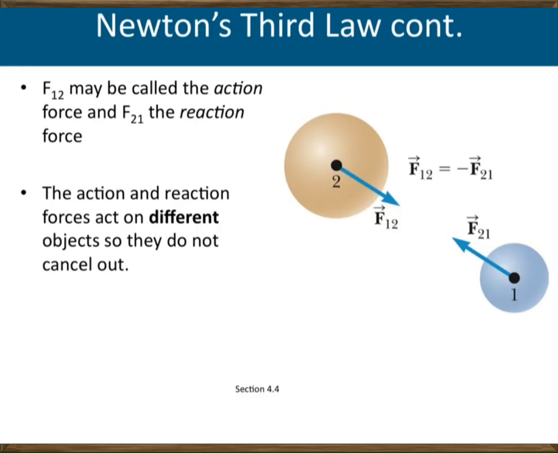This is also true for objects which are pulling or pushing each other without any touch. If the Earth is pulling you towards its center, you are also pulling the Earth towards you. But you are falling onto the Earth, not the Earth falling onto you, because it is very hard to move the Earth, right?